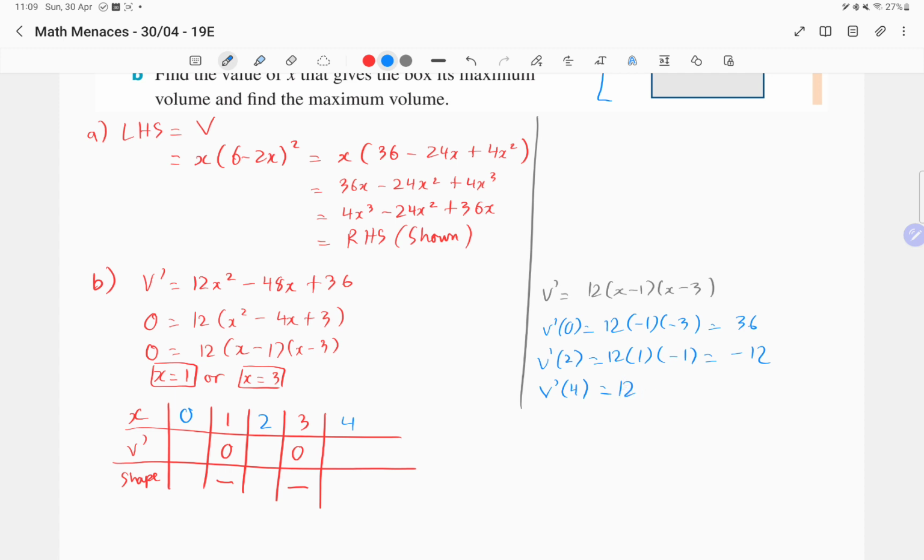If you notice, if you use the fully factorized version of V dash, it's even easier to work with, because the final step is just doing a bunch of multiplication.